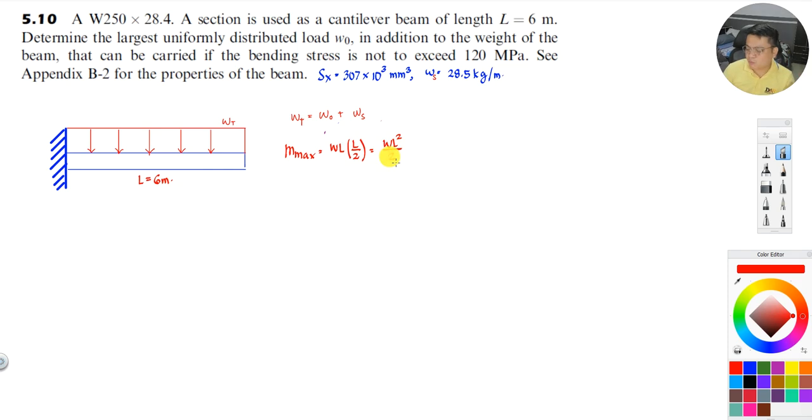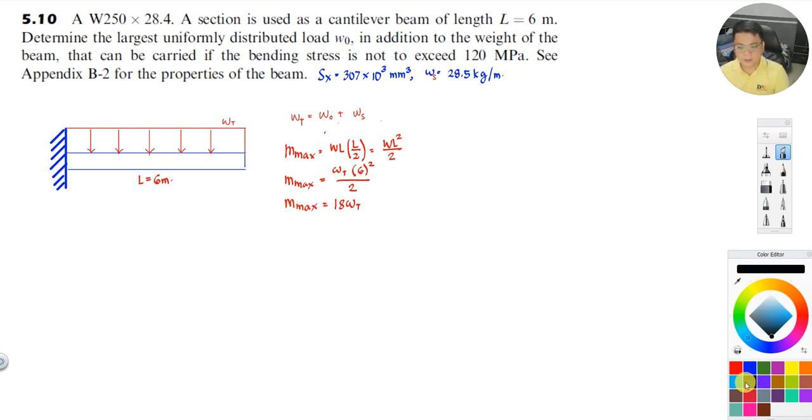It's always like that for the maximum when uniformly distributed on a cantilever. So you can have W times 6 squared all over 2. So this is your M max. That is 36, right? 6 times 6, 36 divided by 2. So you can have it as 18 W. So this is your M maximum.